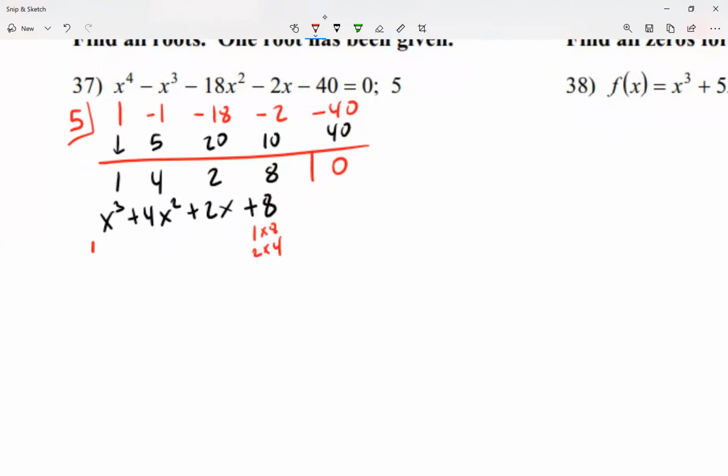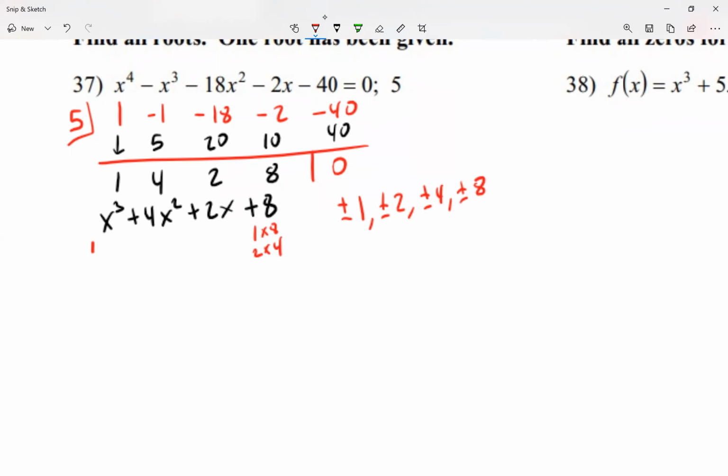So my possible roots are plus or minus 1, plus or minus 2, plus or minus 4, plus or minus 8. And I'm going to start trying positive 1, negative 1, positive 2, negative 2, positive 4, negative 4, positive 8, negative 8. The one that works is the one that gives me the remainder of 0.